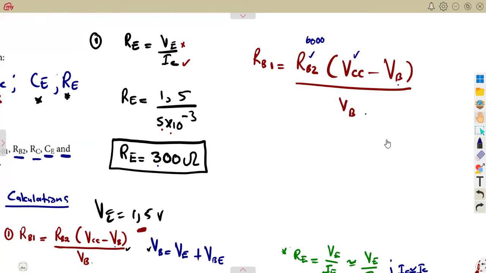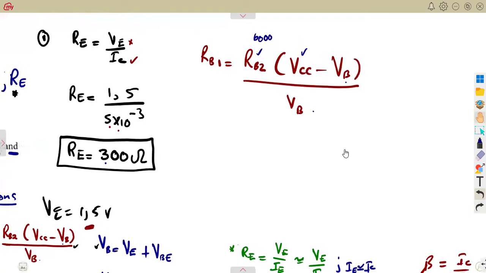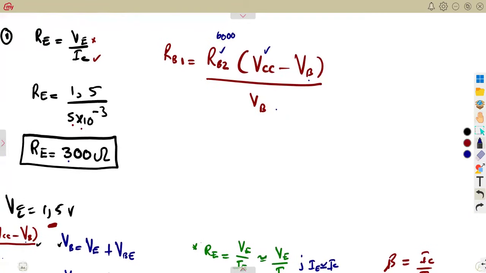VBE. So from there, we are going to have our calculations. All right, so let's calculate this one aside. So we saw that VB can be calculated from VE plus VBE. So it's a matter of joining the formulas in order to obtain what you're given.